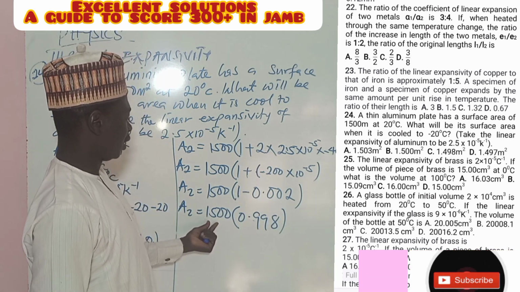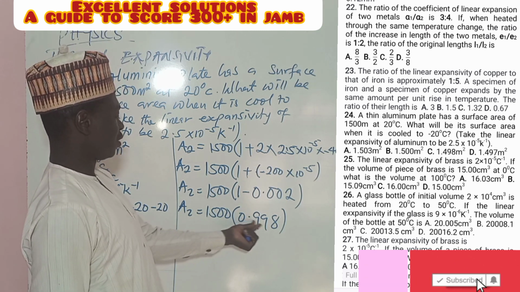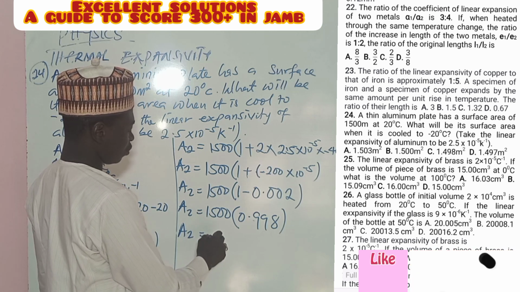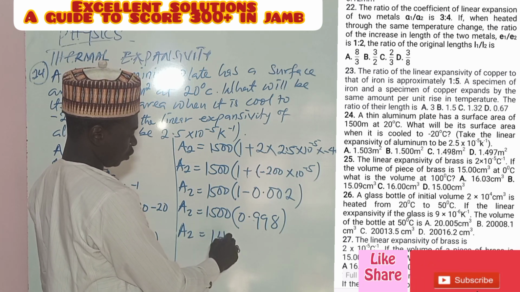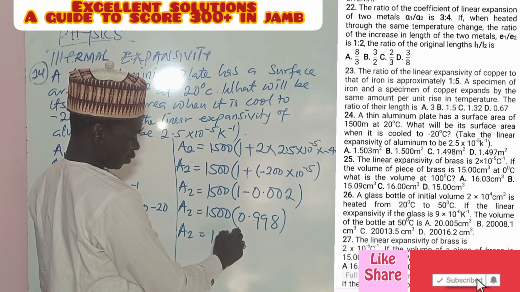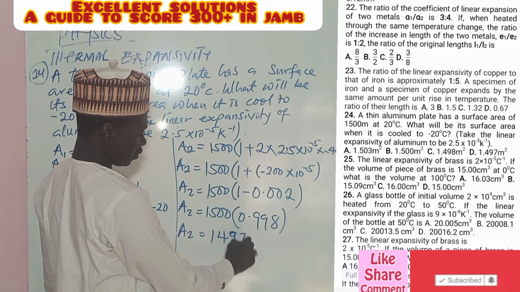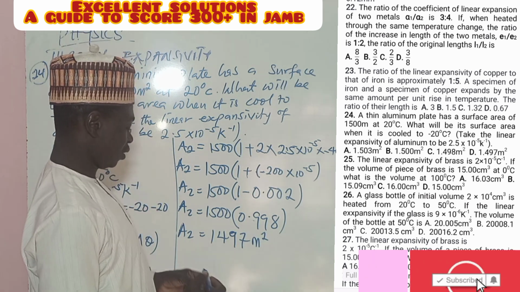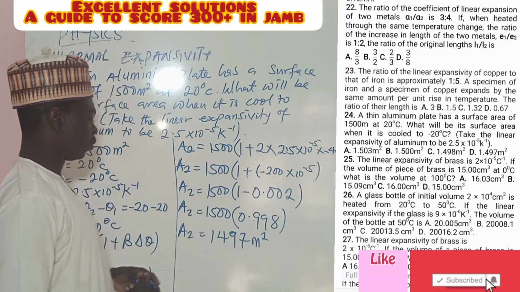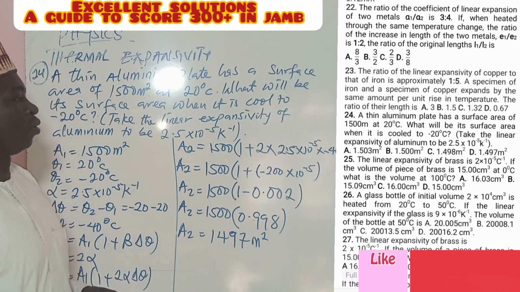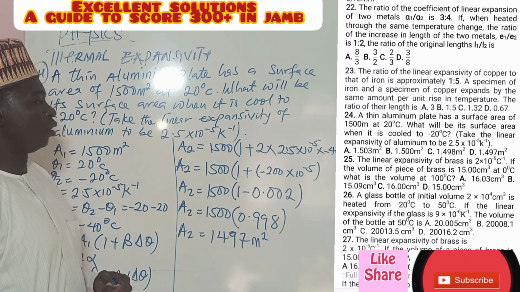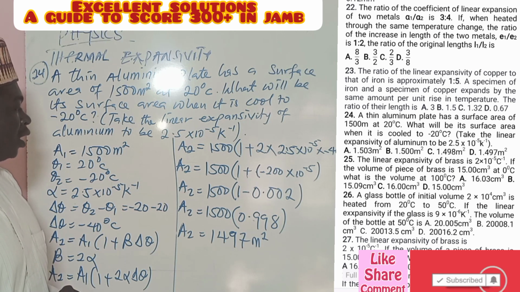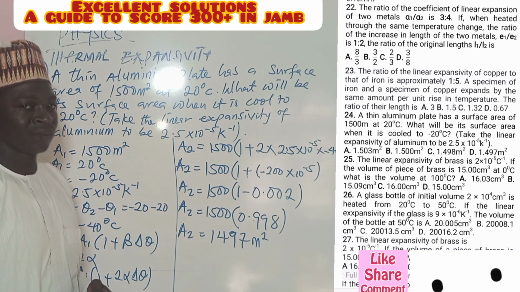And if we multiply 1500 times 0.998, we are going to have A2 equals 1497 meter square. So the answer to this question is 1497 meter square. And if you look at our options, in option D, we have 1497 meter square. The answer is option D.